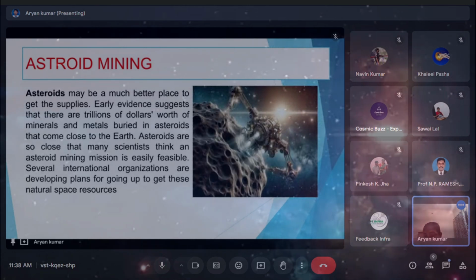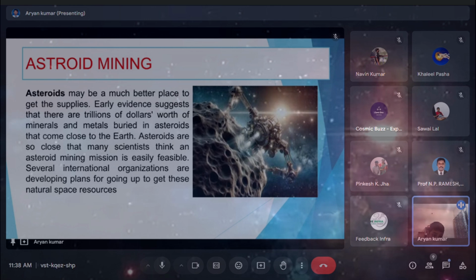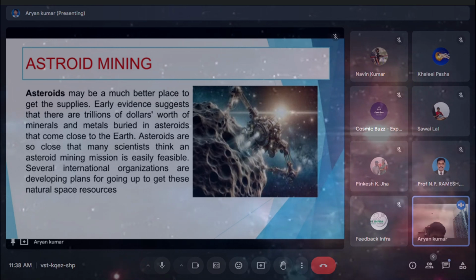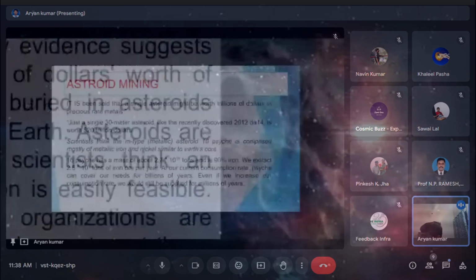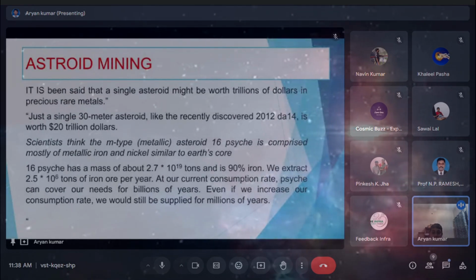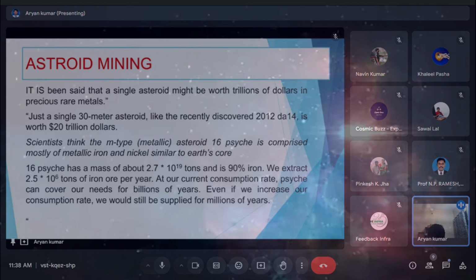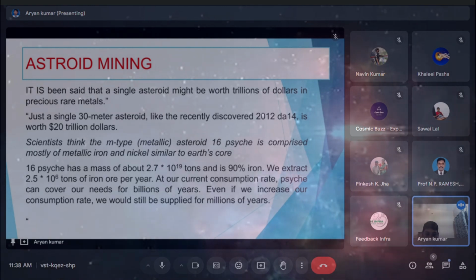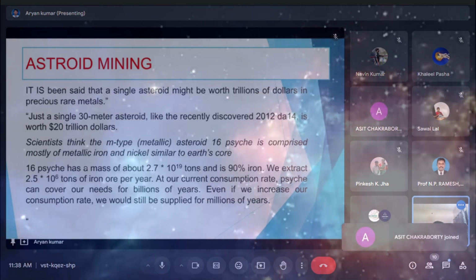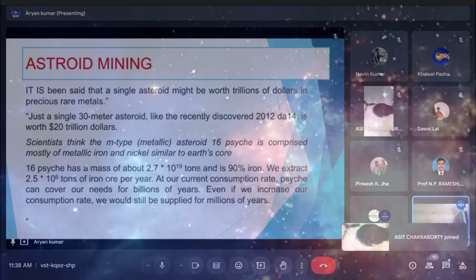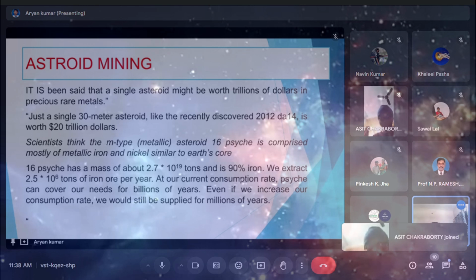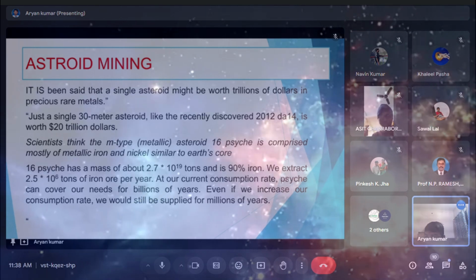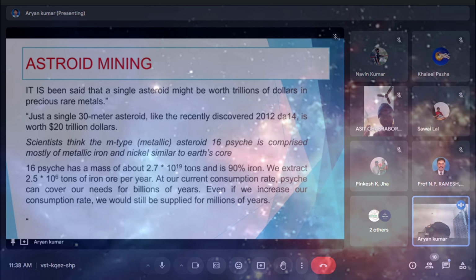These things suggest that they can be worth trillions of dollars, and one asteroid named 16 Psyche has too much mass, and if we mine that, we will get materials for billions of years.